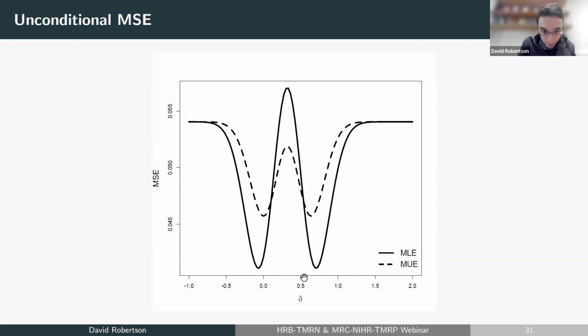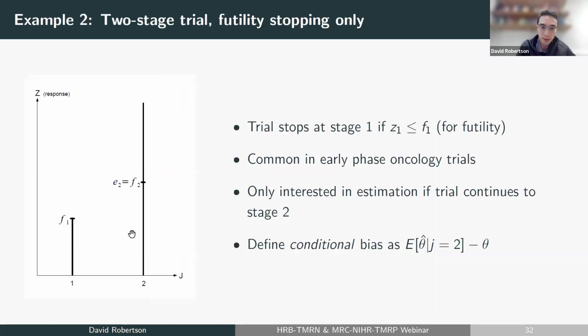In particular, in the region from about 0 to 0.5, which arguably is the region we're interested in, because our null is 0 and our alternative is 0.5. But yes, there are other regions where the MLE does have a smaller mean square error. I think these plots are useful to explore the properties of these estimators.